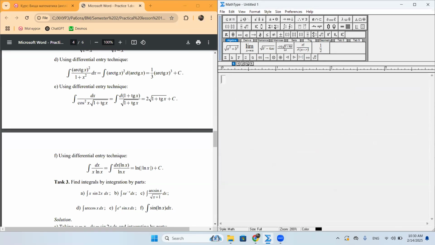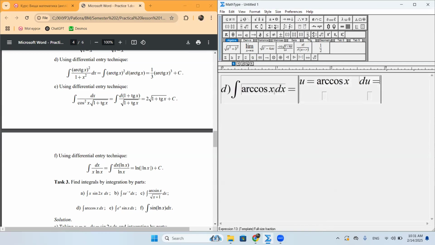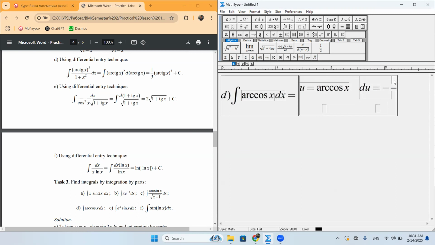So now we will integrate arccosine of x. So again, u is our arccosine. And the differential of u is minus dx by the square root of 1 minus x squared. dv equals dx.